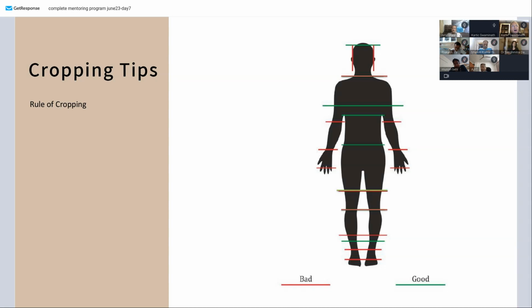He looks like a handicap in the picture. So that is why you should avoid cropping at the joints. Other than that, our brain tries to figure out the continuity and is able to build the entire picture. Fine? One quick point.